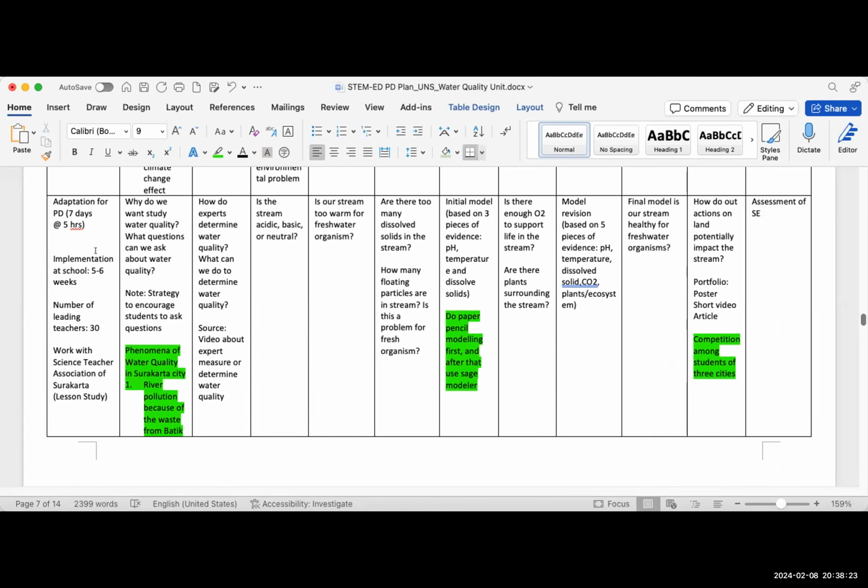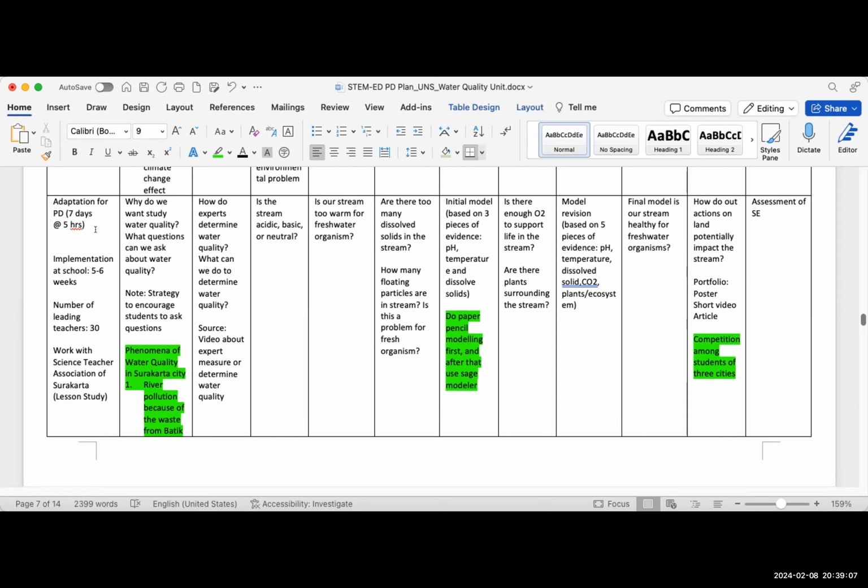Schools in Indonesia have autonomy to plan the sequencing of learning topics or units. So some schools do not teach pH in 8th grade but in 9th grade, while some schools already teach pH in the 7th or 8th grade. That's the reality of our schools, the autonomy of schools to design the lesson unit.